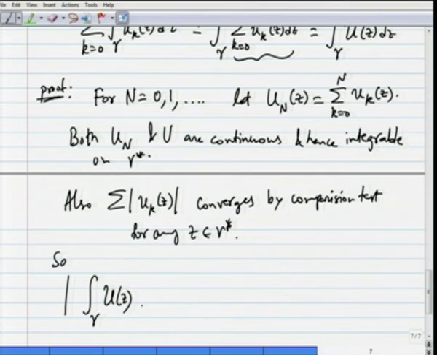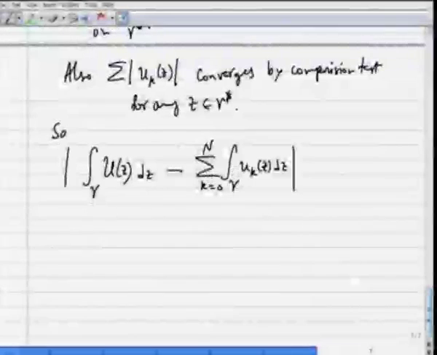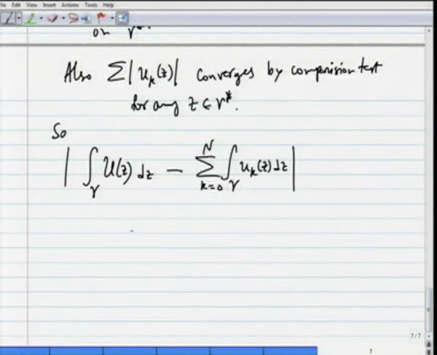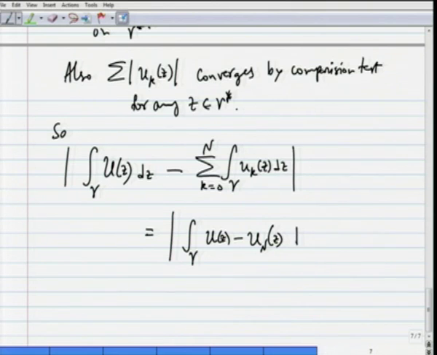So, the modulus of the contour integration of u of z dz over gamma minus the sum from k equals 0 to capital N of the contour integration of u k of z dz over gamma is nothing but the modulus of the contour integration of u of z minus u capital N of z dz, one and the same.